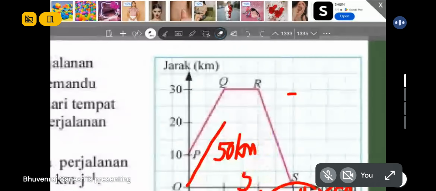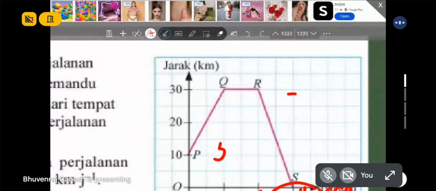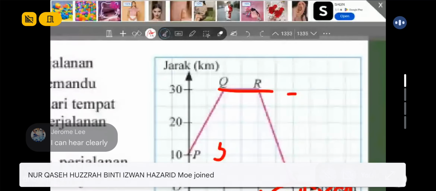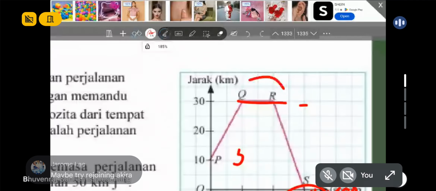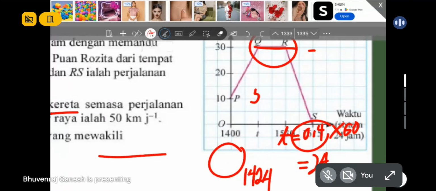So for QR, it's stationary. So this one is stationary. Okay, you just say stationary and then you must tell how long, guys.